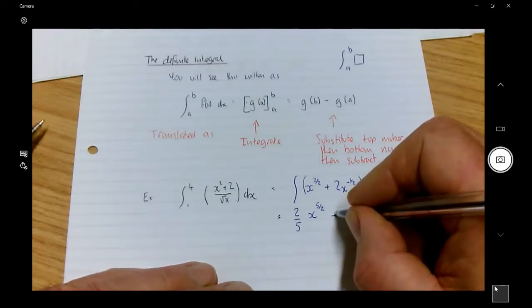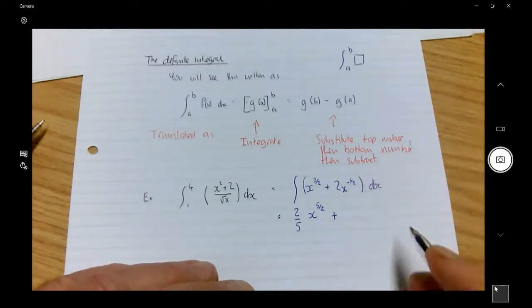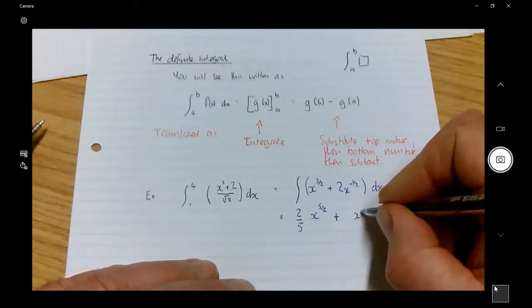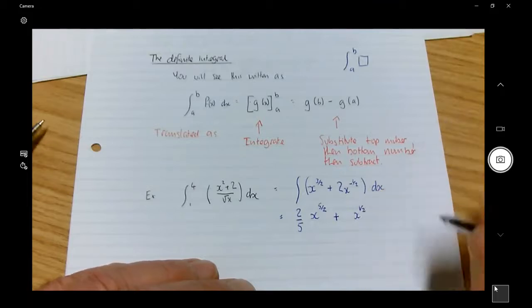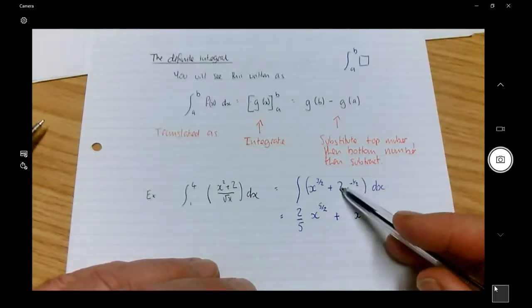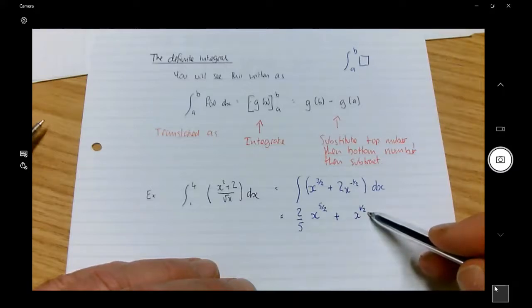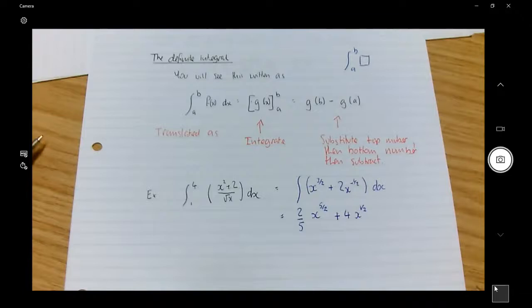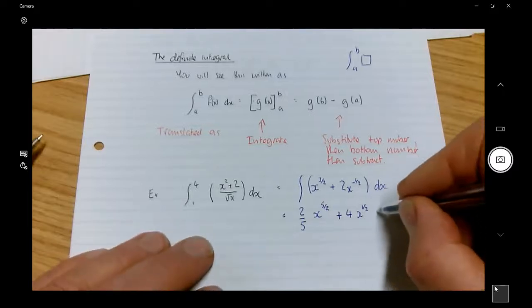Plus, now then, x to the power of minus a half becomes x to the power of a half, and then you divide the coefficient by the new power. Well, the coefficient was 2. 2 divided by a half is 4. So now we have integrated. Plus c, of course.